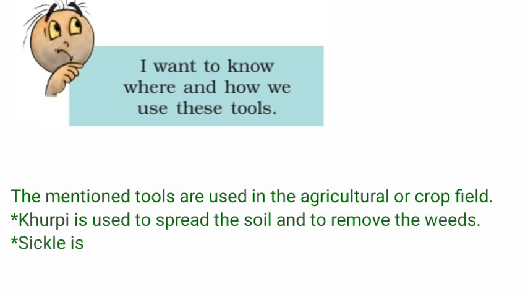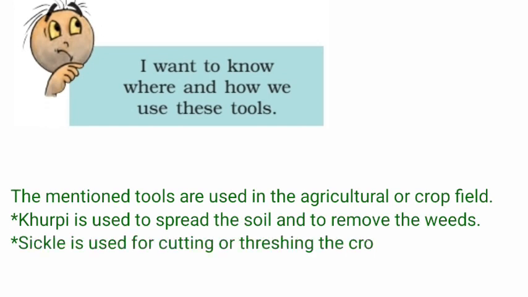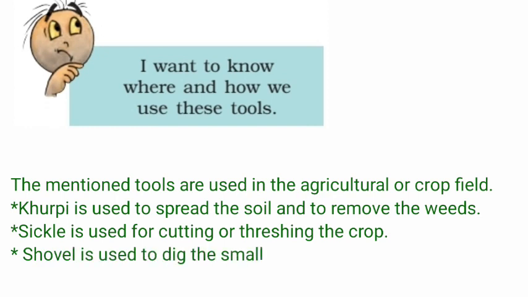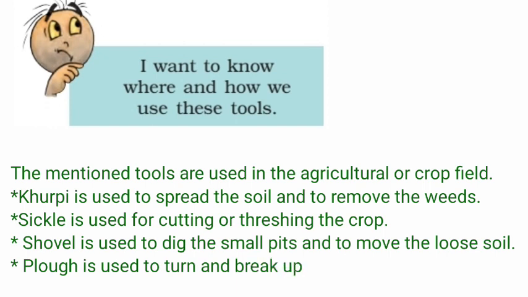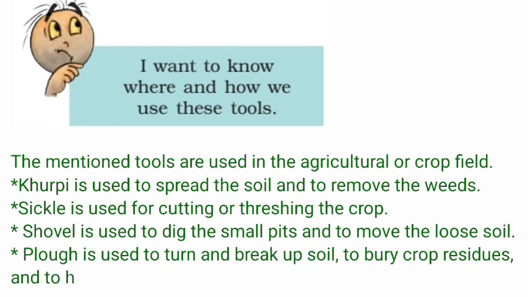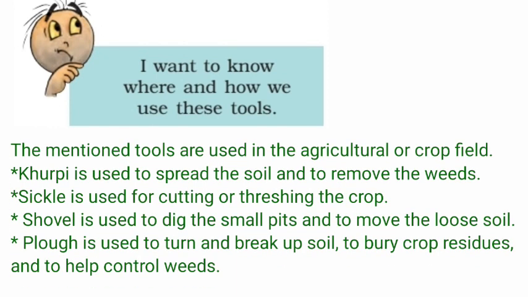The mentioned tools are used in the agricultural or crop field. Kurpi is used to spread the soil and to remove the weeds. Sickle is used for cutting or threshing the crop. Shovel is used to dig small pits and to move loose soil from one place to another. Plow is used to turn and break up soil, to bury crop residues, and to help control weeds.